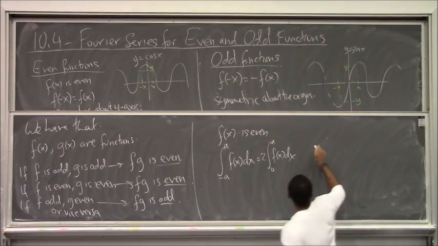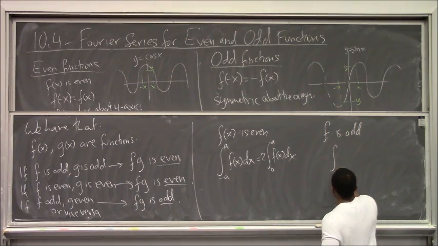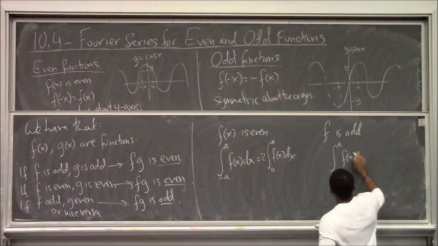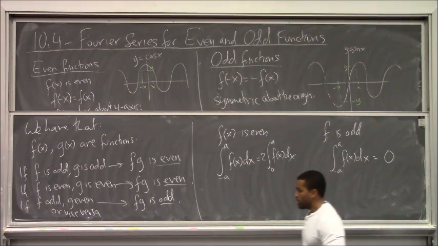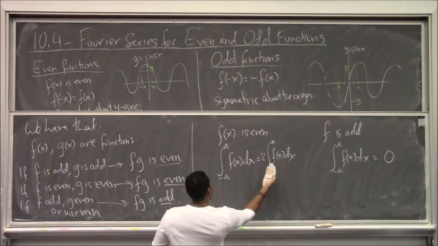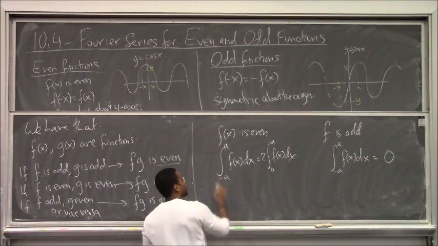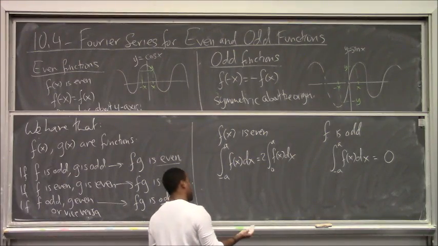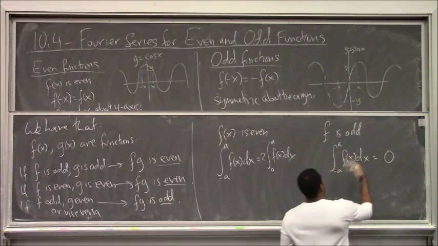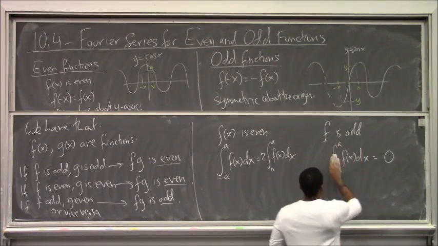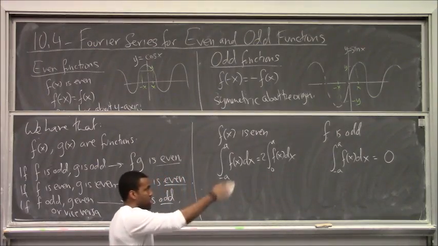And if f is odd, then the integral from minus a to a of f of x is 0. Because what's on the right side from 0 to a is a copy of what's on the left side from negative a to 0. So with an even function you're really doubling the area. Whereas here, if the right side is positive, the left side is going to be negative, and it's the same version, so the areas cancel out.